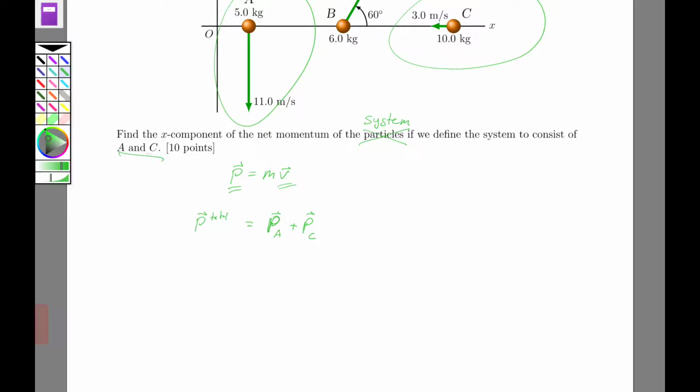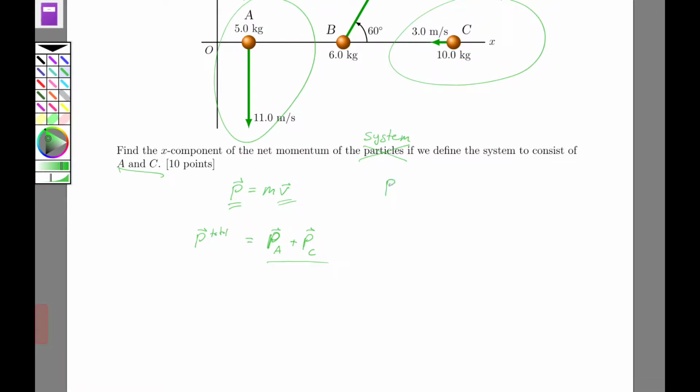So if the system is A and C, then the total momentum will be the momentum of A plus the momentum of C. The momentum of A is the mass of A times the velocity of A. The momentum of C, mass of C times the velocity of C.